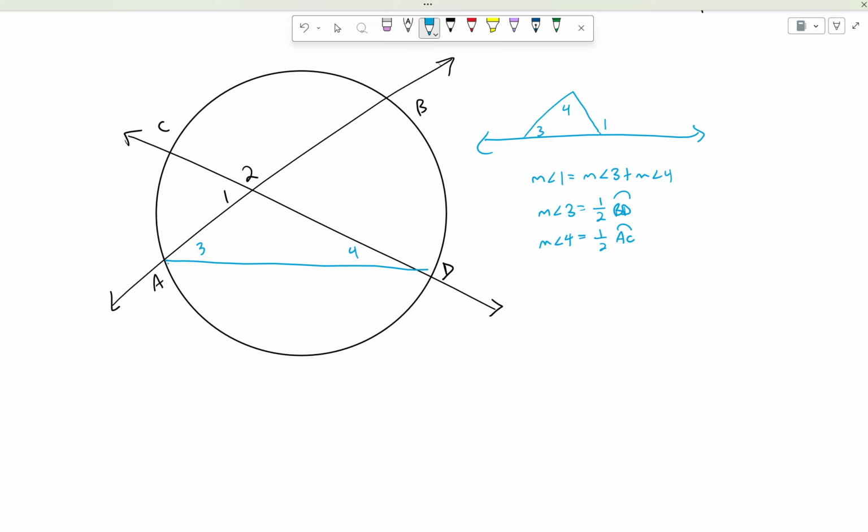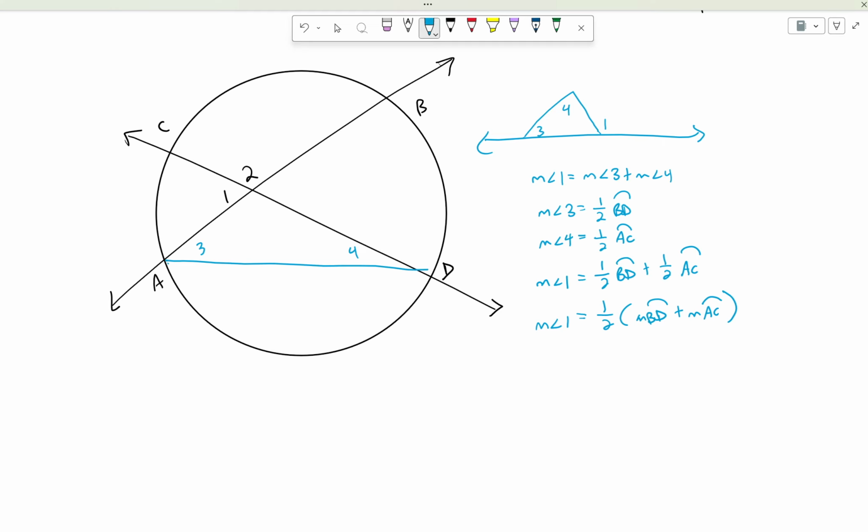The measure of angle 1 is really equal to 1/2 of arc BD plus 1/2 of arc AC, which we can factor to figure out angle 1. It's 1/2 of the sum of arc BD and arc AC. Okay, so that's effectively my formula right here.